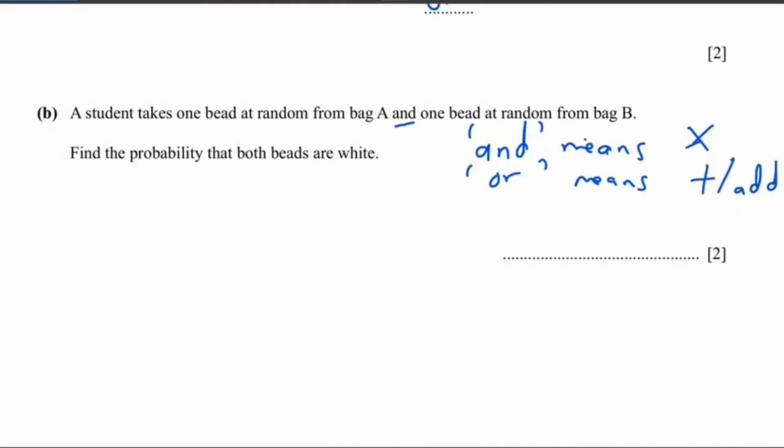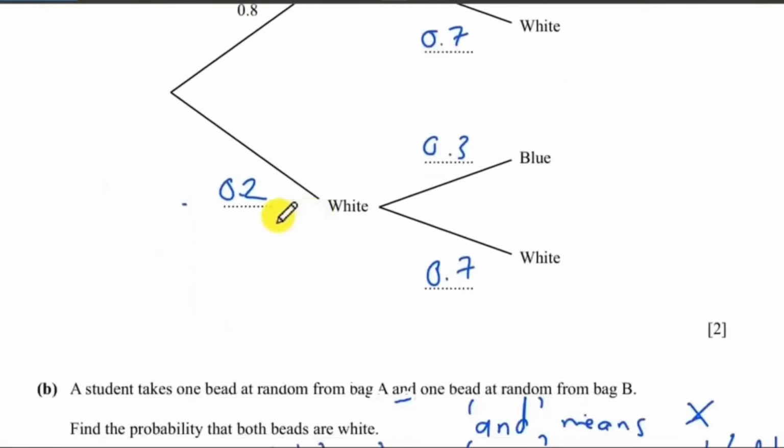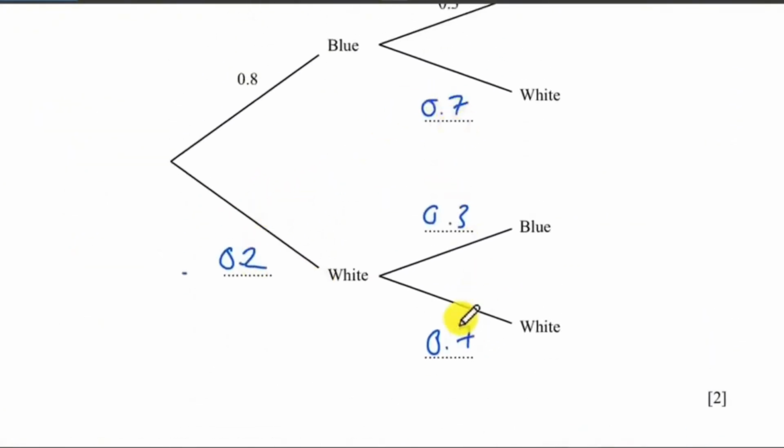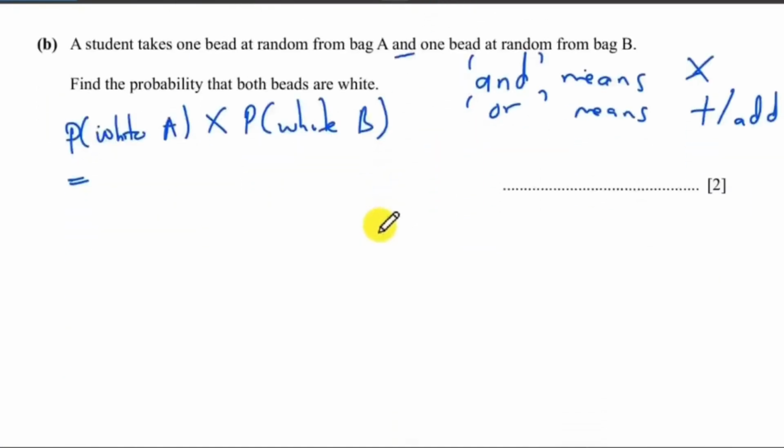Here we multiply. So here it says find the probability we get a white from A and a white from B. So probability of getting white from A times probability of getting white from B. This is what we are looking for. So probability of getting white from A is 0.2 and probability of getting white from B is 0.7.